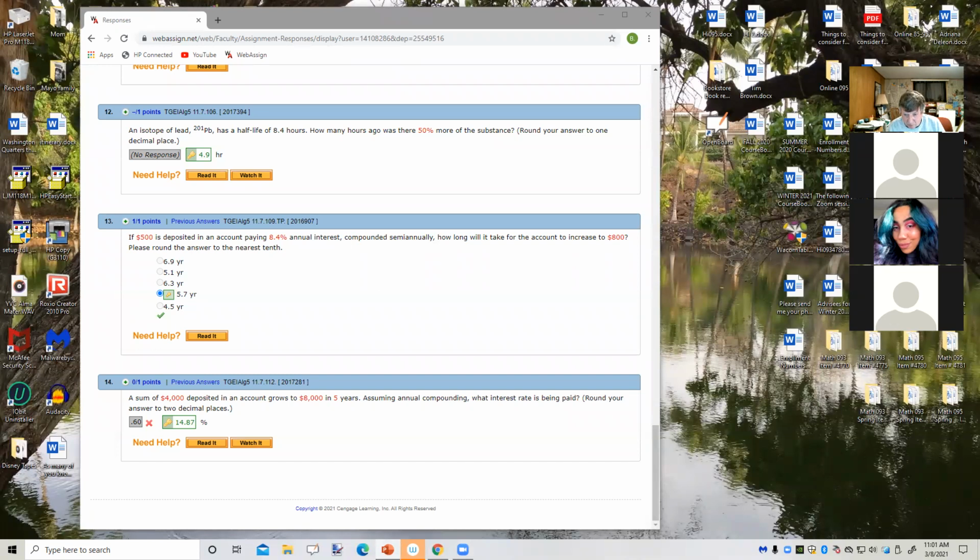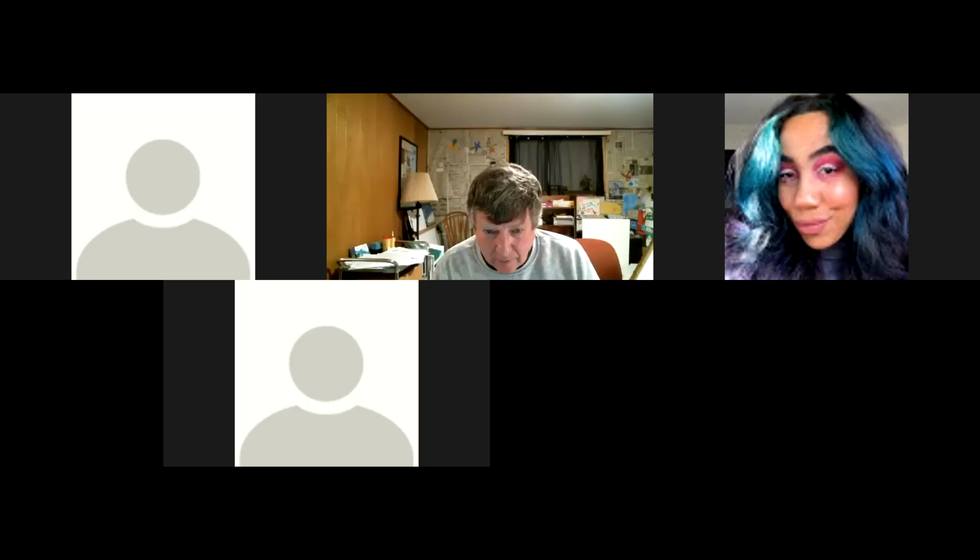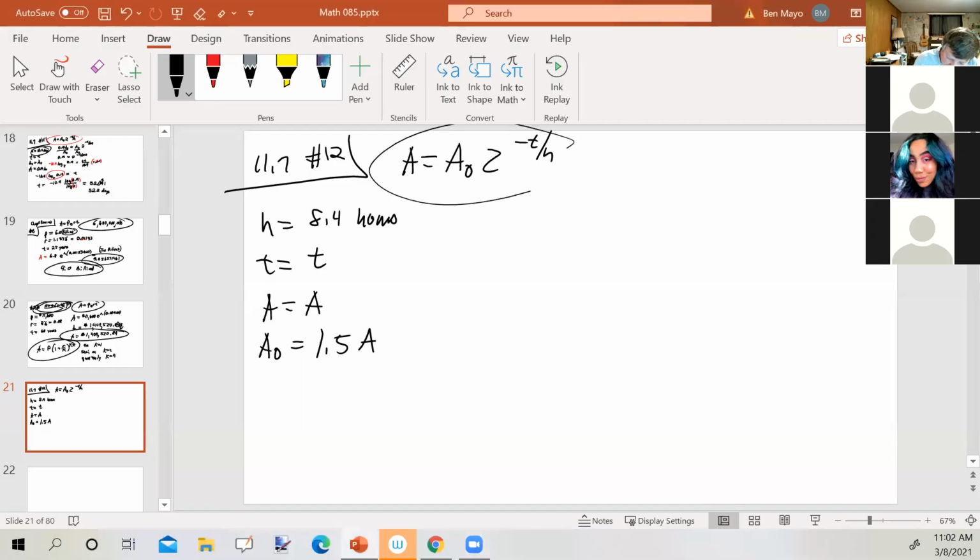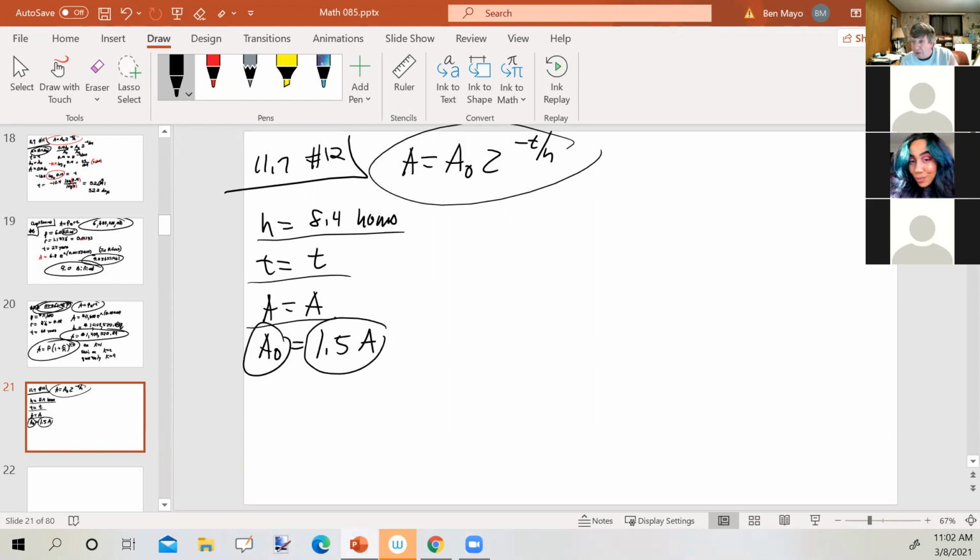Let me show you what I'm writing here. So again, we're using the half-life formula. We know the half-life. We're trying to find the time. The ending amount is established. The beginning amount was 50% more than the ending amount, so the beginning amount was 1A or 100% of A plus 50%, so 1.5A. You okay with that? So we're kind of going backwards there.